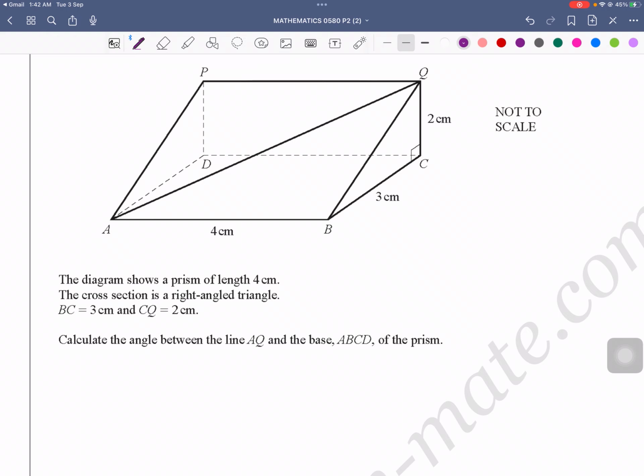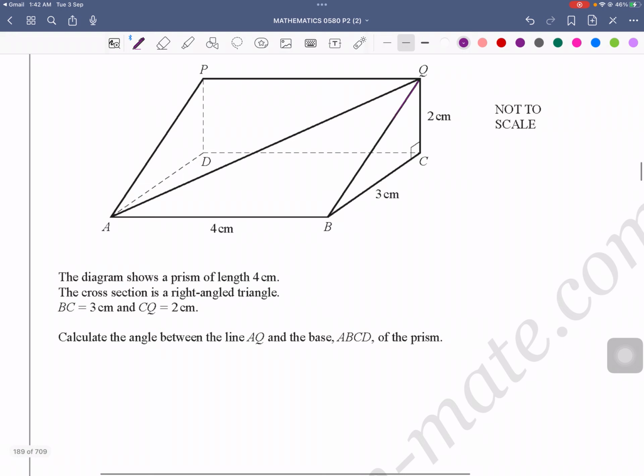So the first thing that we need to realize is that we first need to find this length, right?